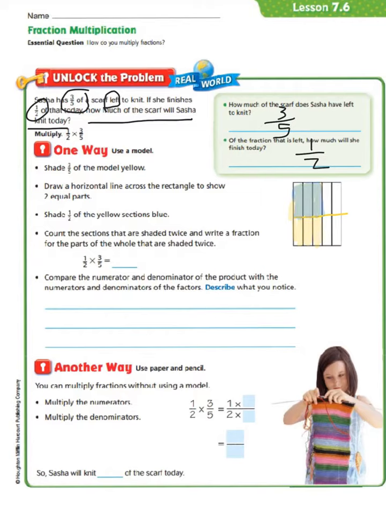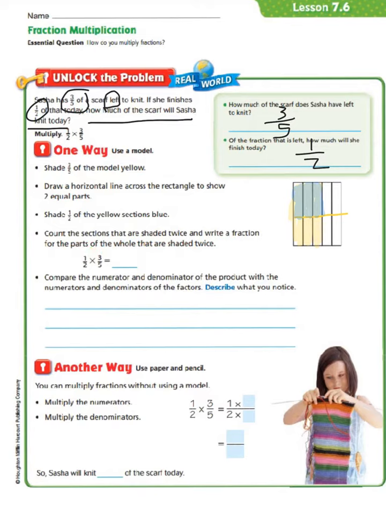Now I do want to point out that since we divided this in half right here with this line, we no longer have our 5 pieces. We now have 1, 2, 3, 4, 5, 6, 7, 8, 9, 10. So now let's count the sections that are shaded twice and write a fraction for the parts of the whole that are shaded twice.